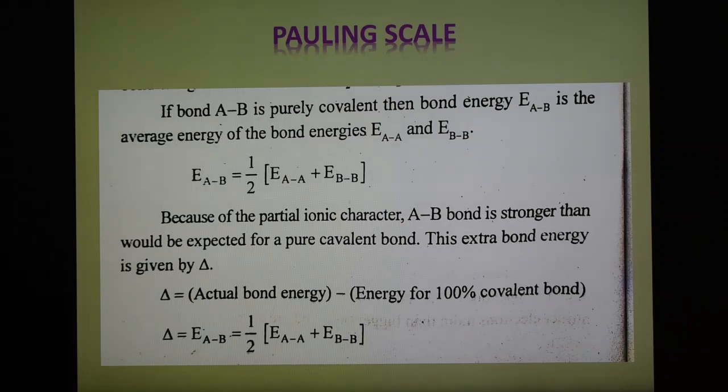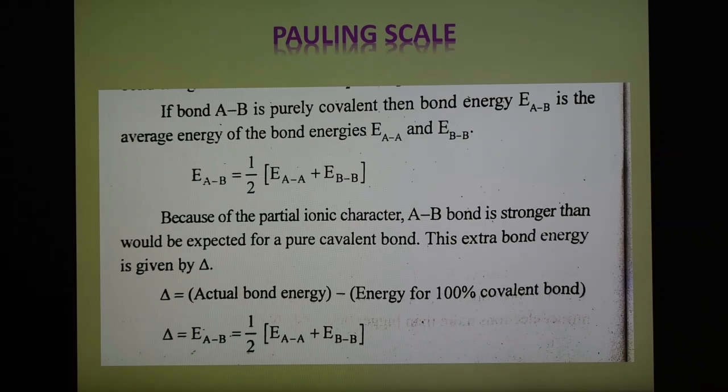Because of the partial ionic character, the AB bond is stronger than expected for a pure covalent bond, and therefore the extra bond energy is given by the value delta. Delta equals the actual bond energy minus the energy for a 100% covalent bond, calculated as delta equals EAB minus 1/2 (EAA plus EBB).